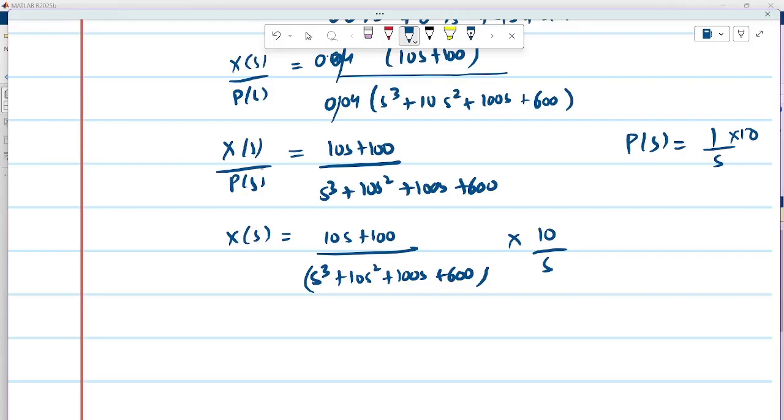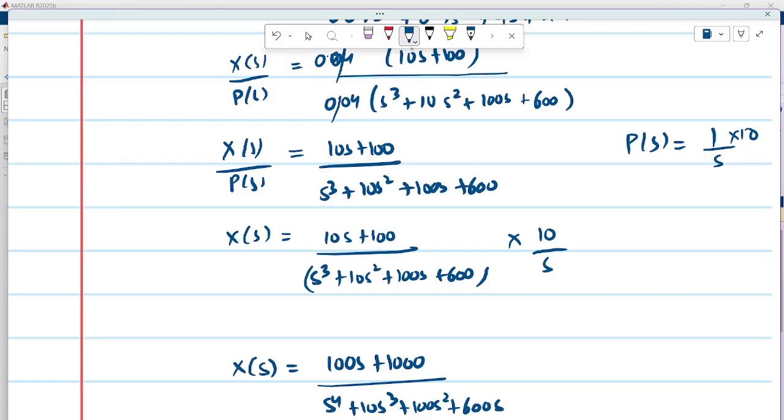What we can do is just multiply this by 10 and s. It will be (100s + 1000) divided by (s⁴ + 10s³ + 100s² + 600s).